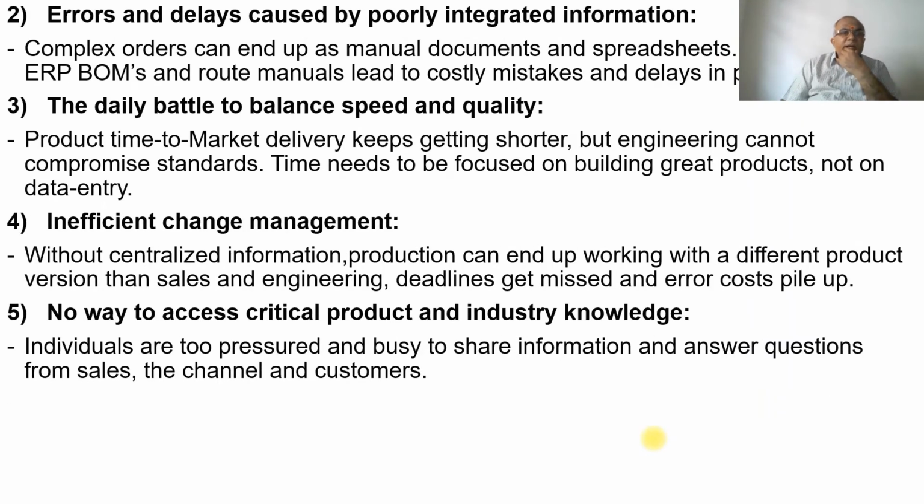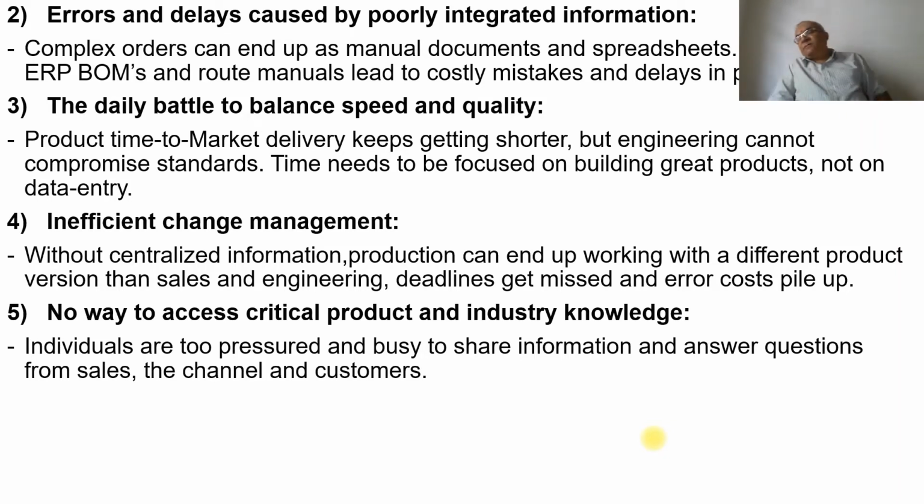Then we have the second one, errors and delays caused by poorly integrated information. Complex orders can end up as manual documents and spreadsheets. Converting into ERP BOMs, enterprise resource planning, bills of materials, and route manuals leads to costly mistakes and delays in project starts.